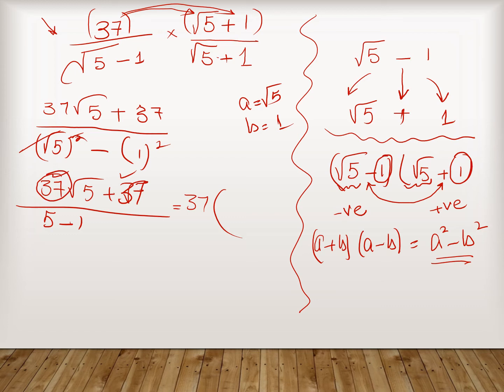What is left is square root 5, which you write inside the bracket. Then there is a plus, and 37 is already written outside, nothing left, so we write 1. Why? Because 37 times 1 takes you again to the previous situation. That means 37 upon 5 minus 1 gives you 4. That is your complete answer.